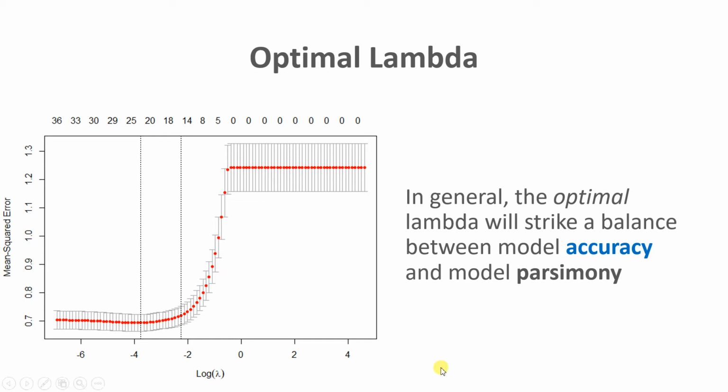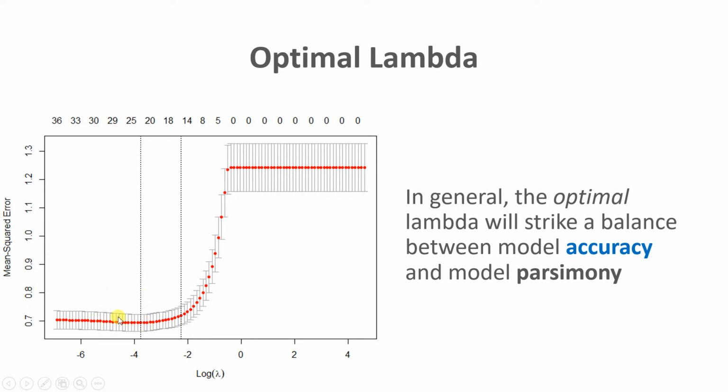And what you can see here in this plot, and note that on the x-axis we've actually taken the logarithm of lambda, and this just aids our interpretation here visually. Here we have log lambda in relation to mean squared error. And so what we want is as low of mean squared error as possible. And typically this is how we select the optimal lambda value, is finding the lambda that results in the lowest amount of model level error.